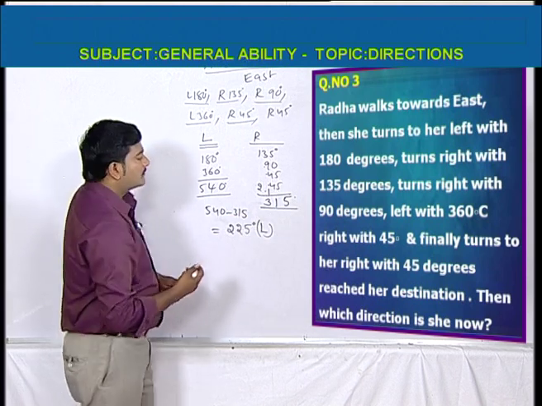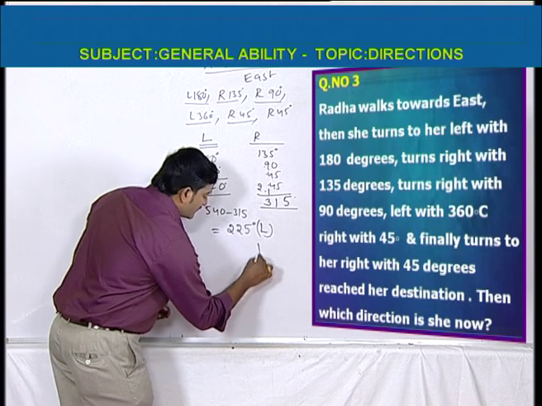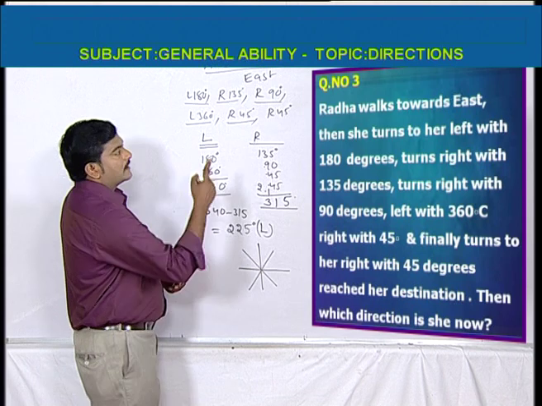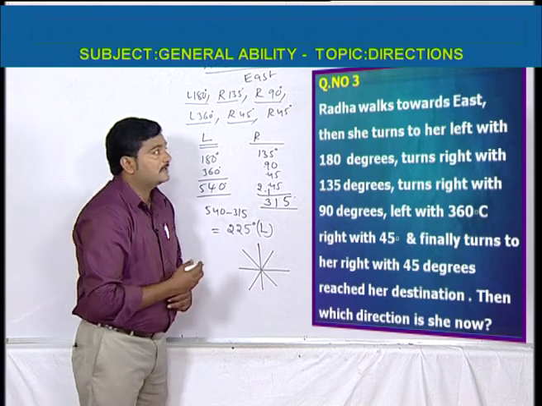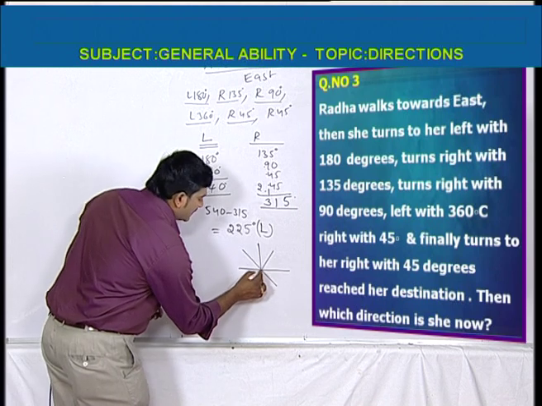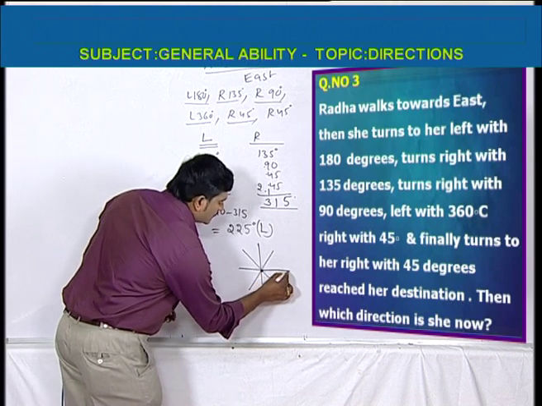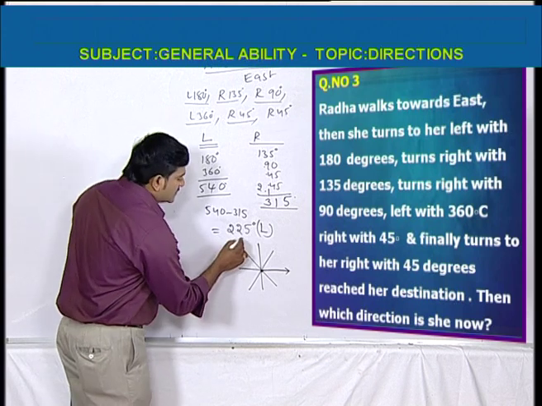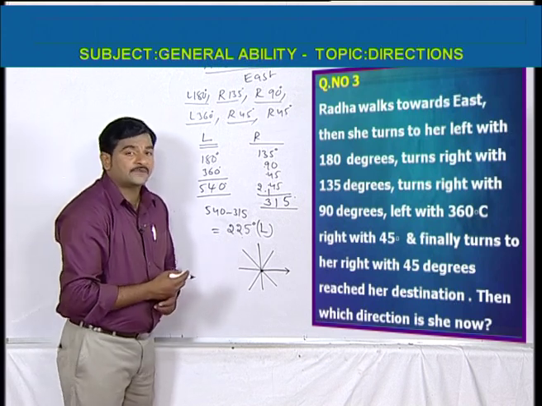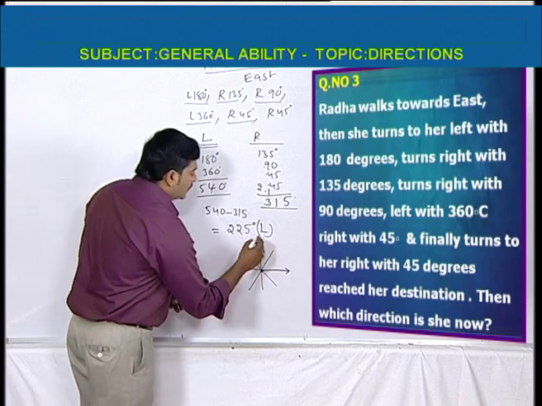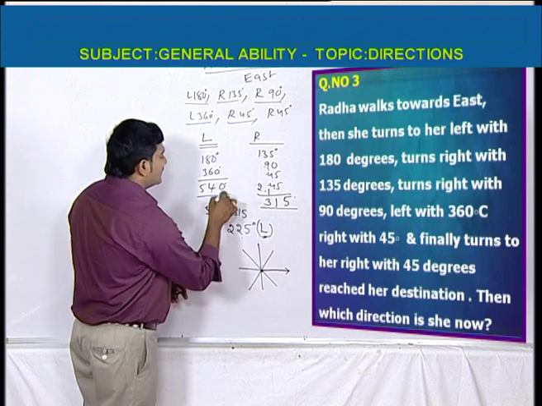To know that, we will again take a rough diagram. Let's say I am taking all 8 directions. First Radha walks towards east, right? So for example here Radha is there, walking towards east. For this, we have to apply 225 degrees, from the left side, because the 225 degrees is on the left side.